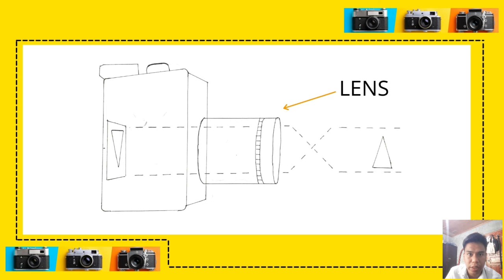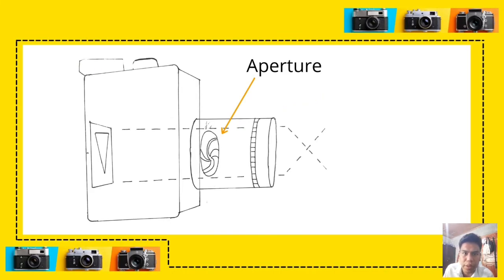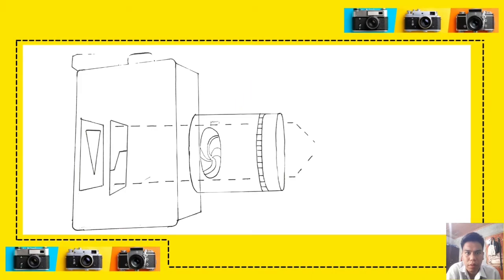That's a lens that limits and controls the amount of light that enters the camera. And then inside the lens, you have an aperture that can open smaller or wider, which allows more or less light to pass through the lens.